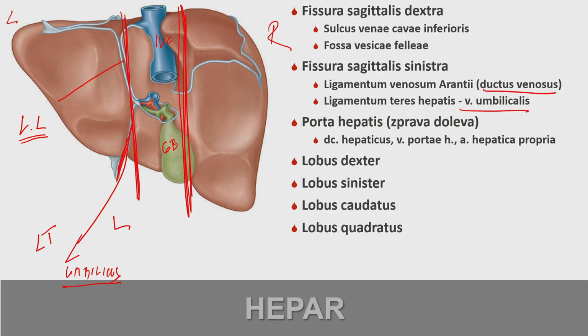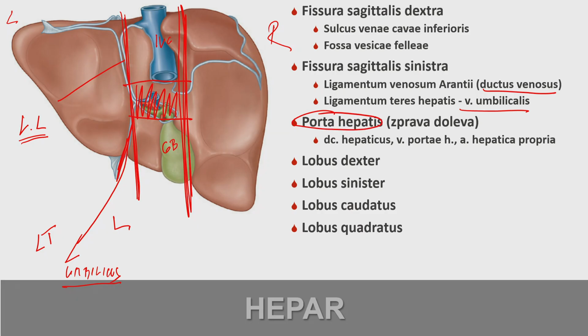So in the central part we have a bridge, so those grooves form the letter H, and the transversal bridge of H is the porta hepatis.